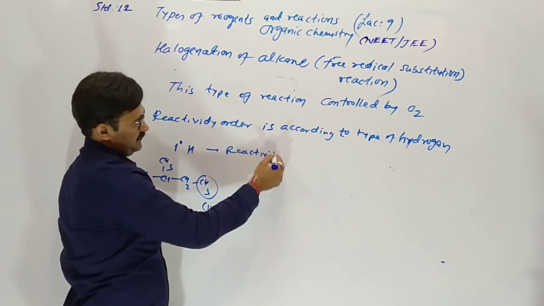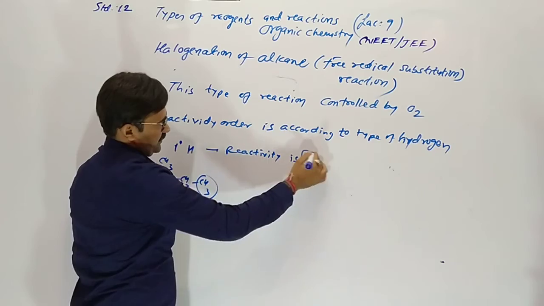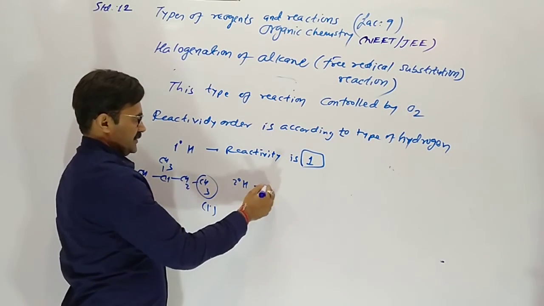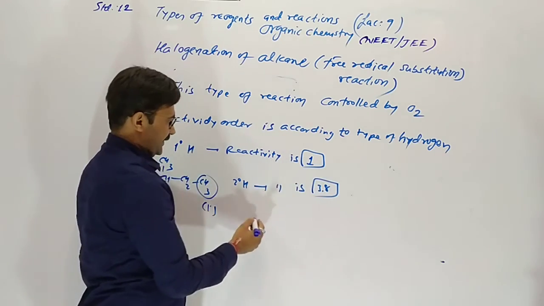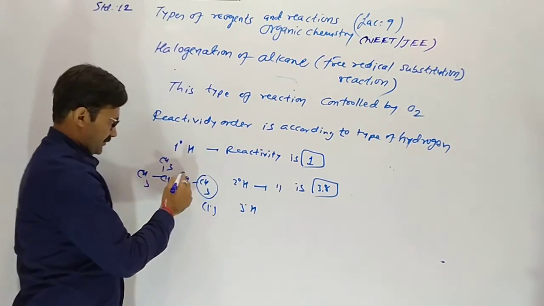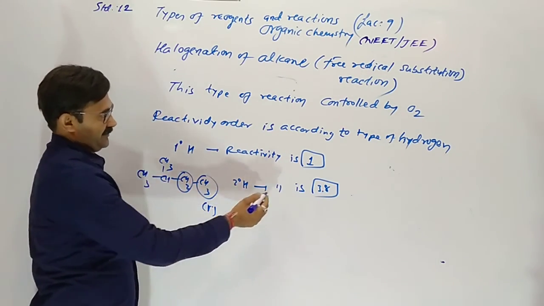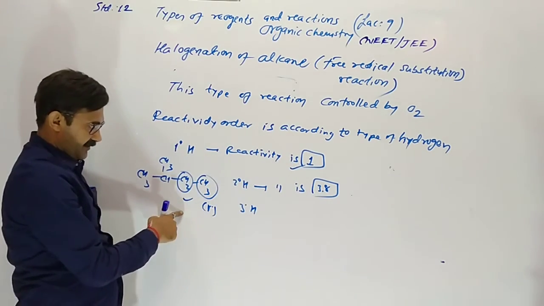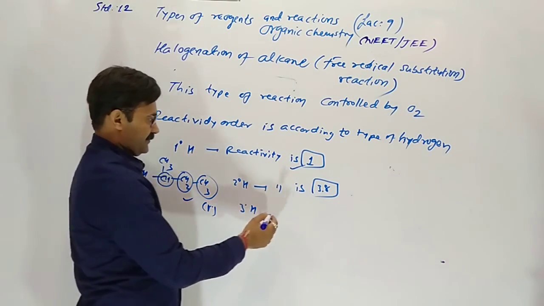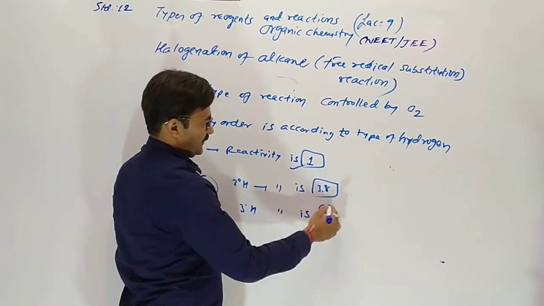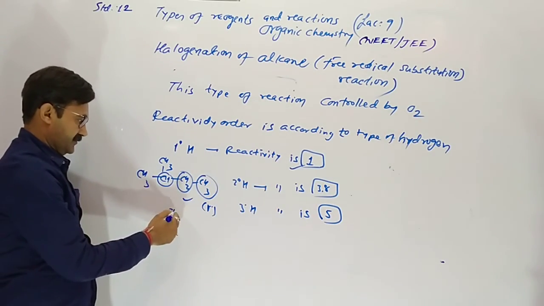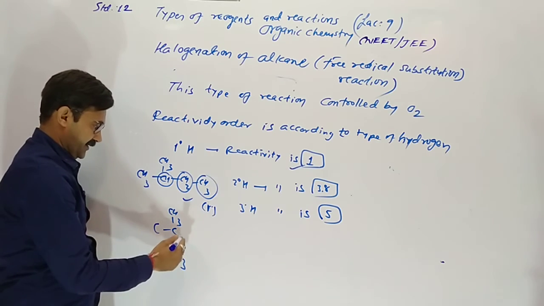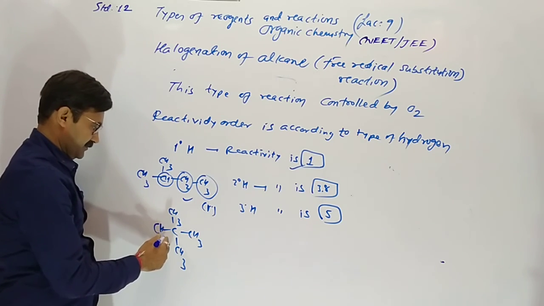Reactivity, suppose 1, is very less. Secondary hydrogen reactivity is 3.8 times that. The tertiary is 5 times more than primary. But quaternary hydrogen is not possible.